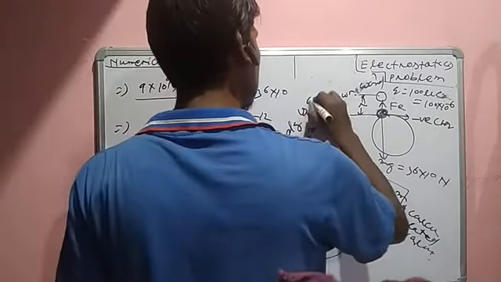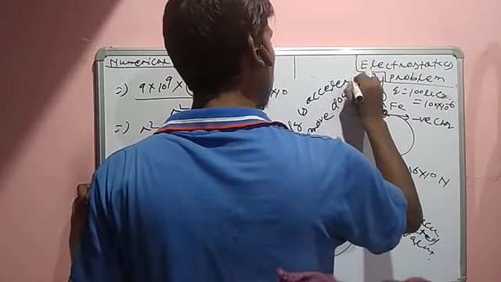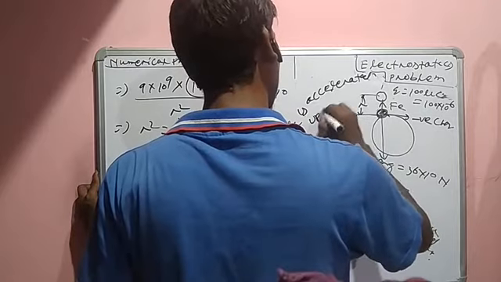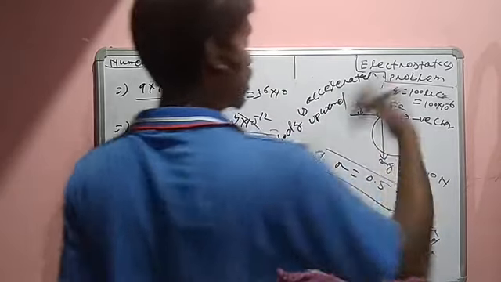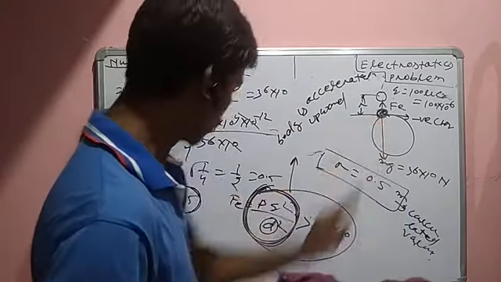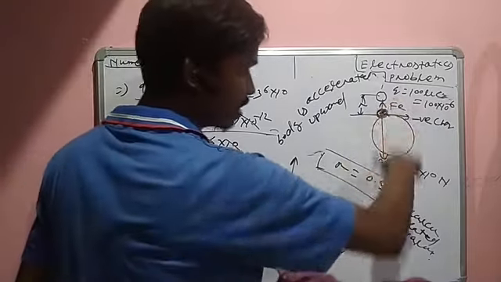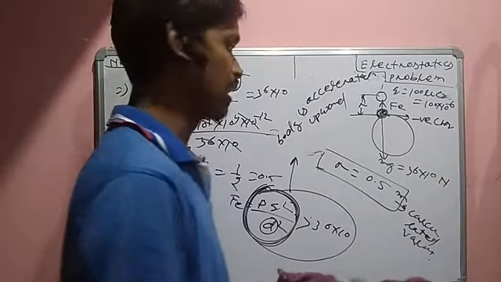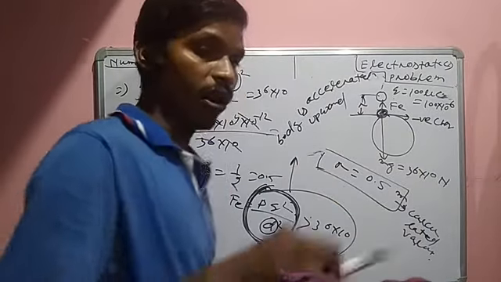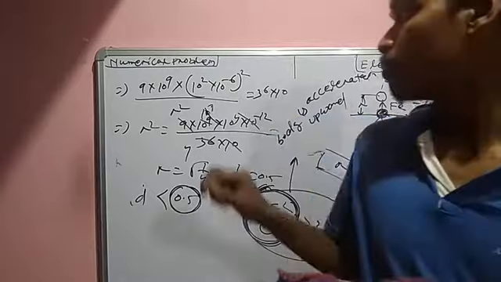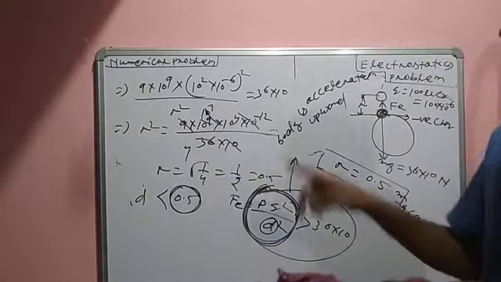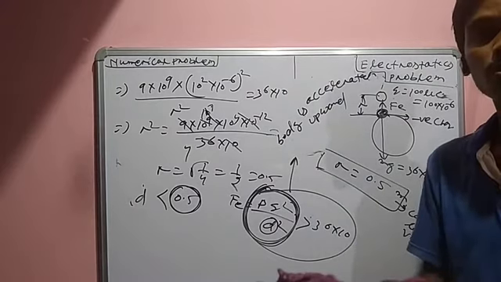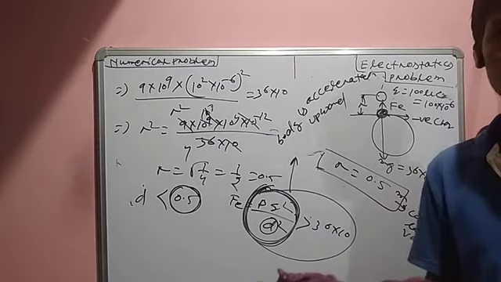Whenever the electrostatic force is greater than the weight, the body is lifted up in accelerated motion. This is all about this question. So you can write this down. In the next class we will start the next problem. Thank you.